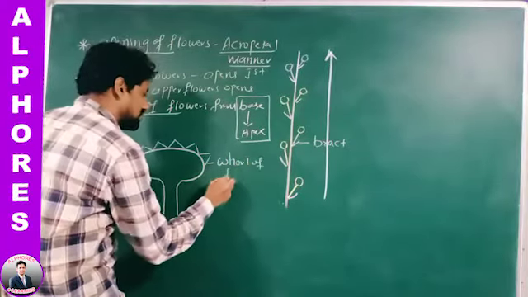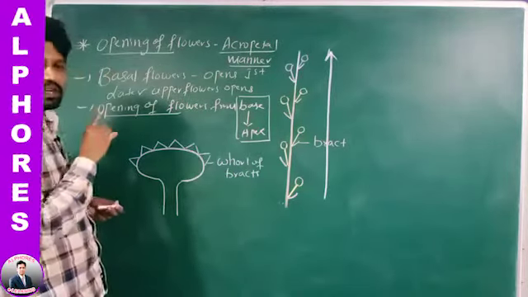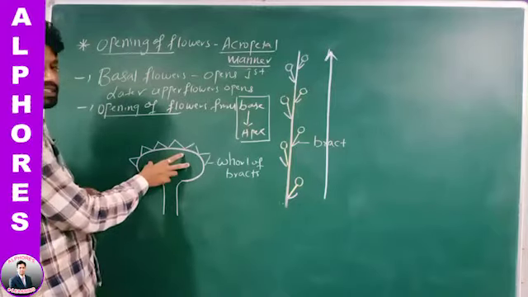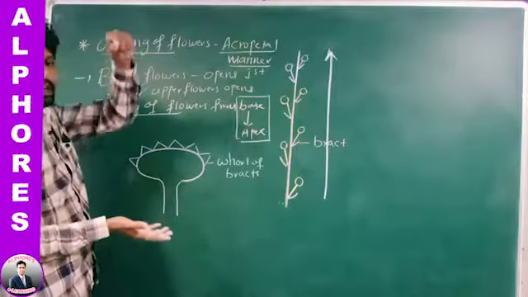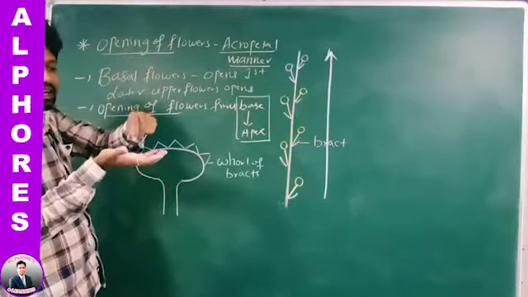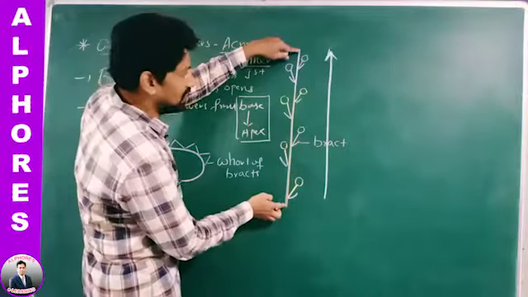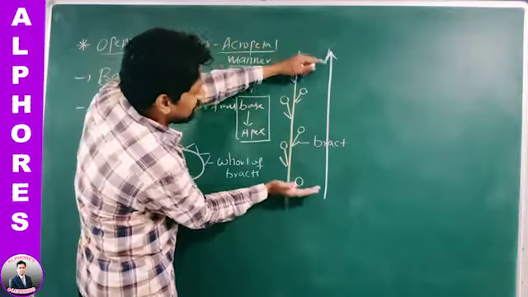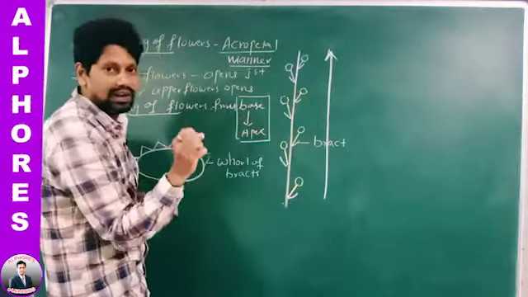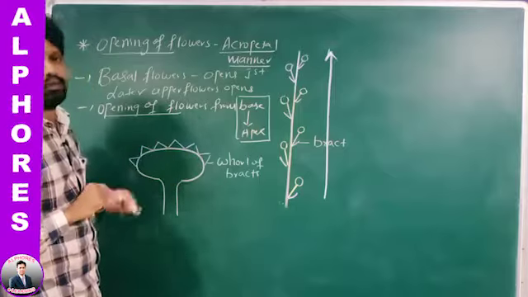If the peduncle is condensed, peduncle is like this. Here one bract is present, here one bract is present. If this peduncle is condensed, what happens to all these bracts? They come close to one another and form a whorl of bracts.